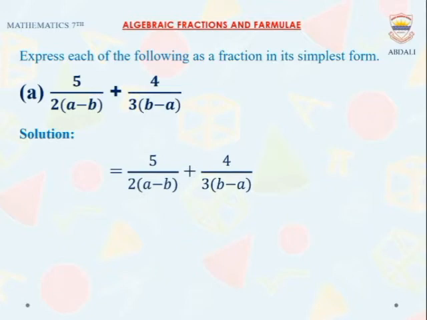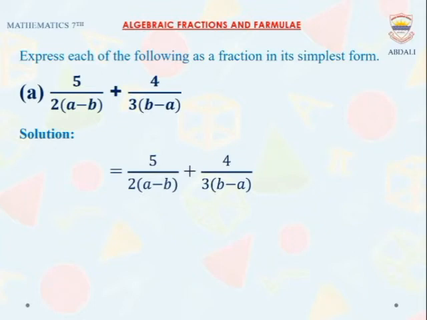Now we can see that in both the fractions the variables are different. In the first fraction the denominator is a minus b, and in the second fraction the denominator is b minus a. So we have to make them the same, make them like fractions, in order to add them.